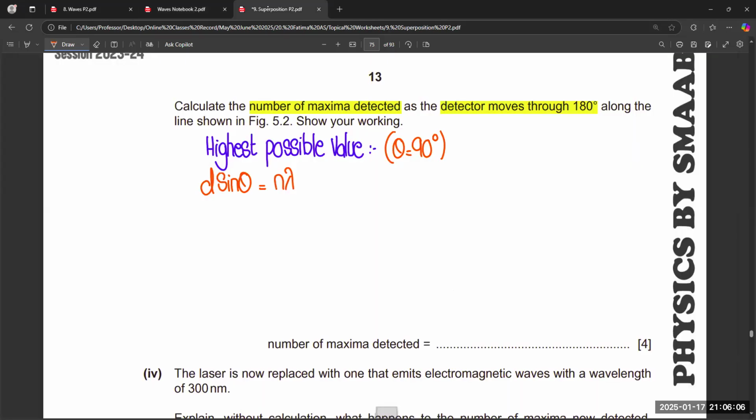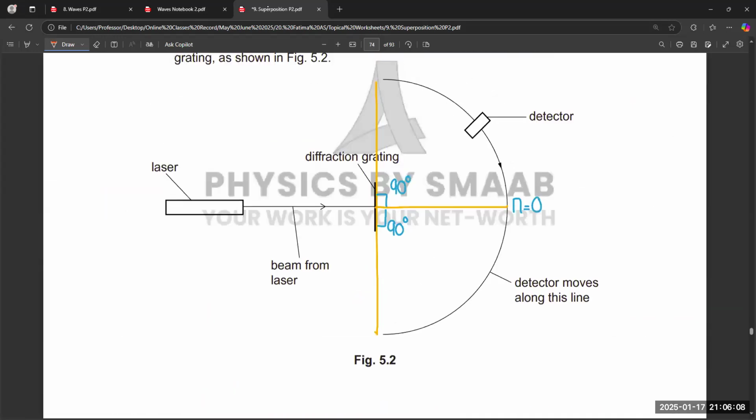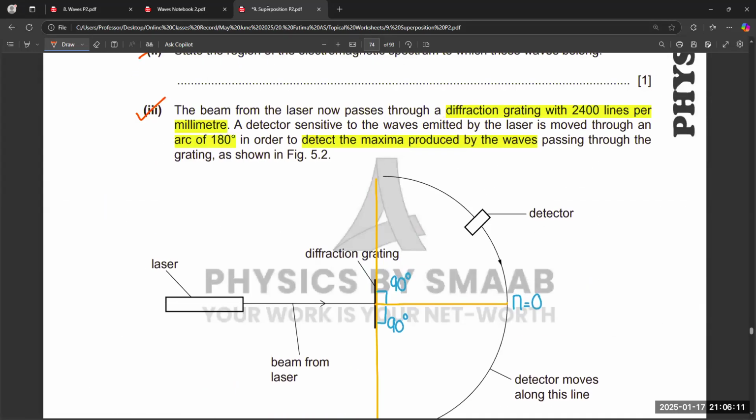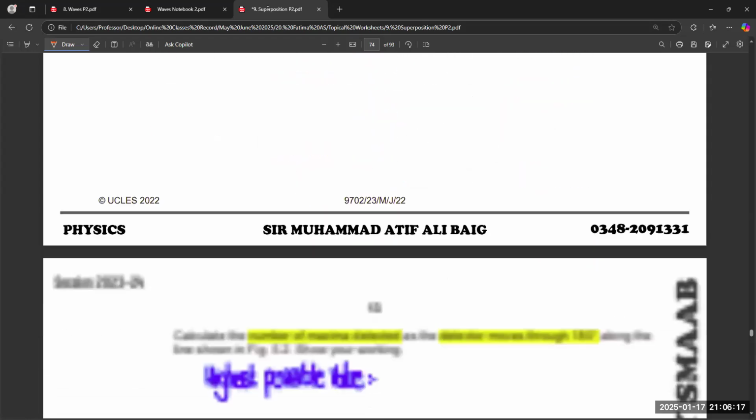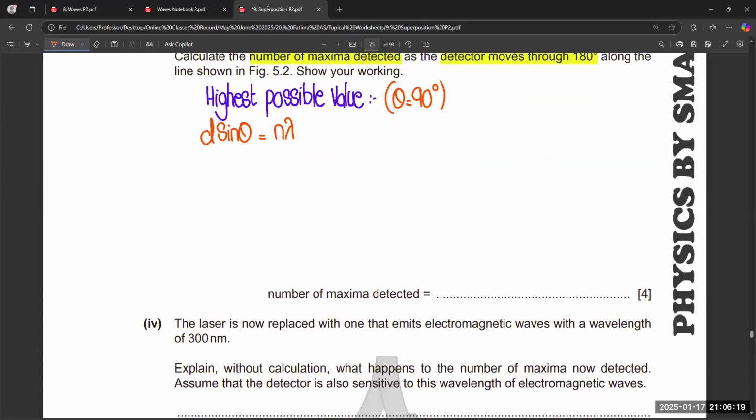So in your question, it is written that there are 2400 lines per millimeter. So this is the value of d. So this d can be written as 1 over the number of lines given, because it is written per millimeter, right? So the number of lines is in the denominator.